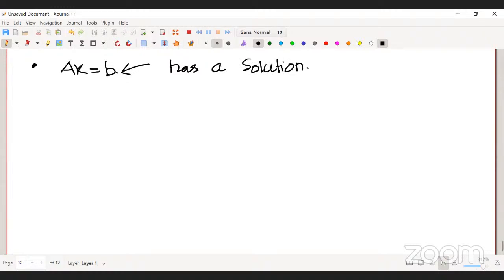Then it's asking whether this other equation has a solution or not. This is your question. This is the third option, right? Yes.